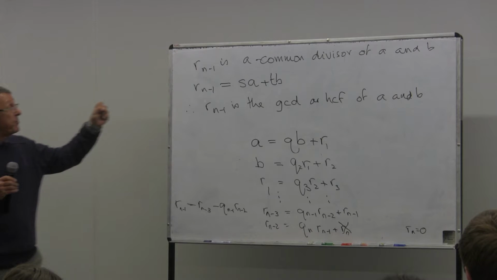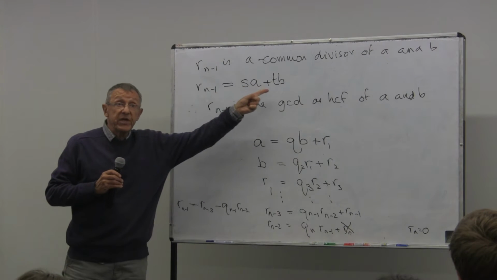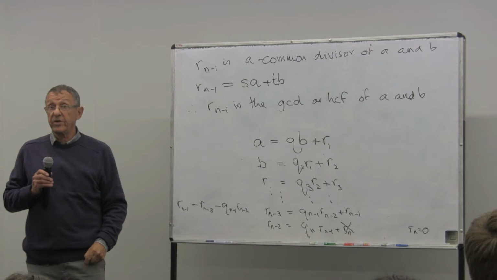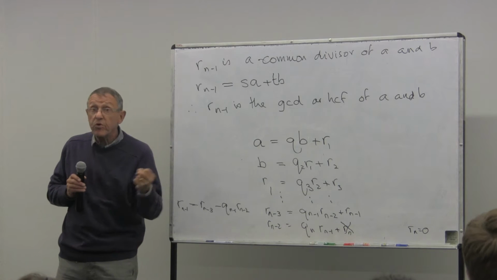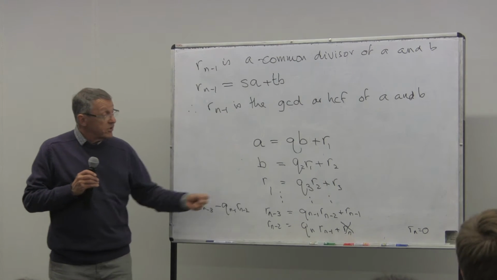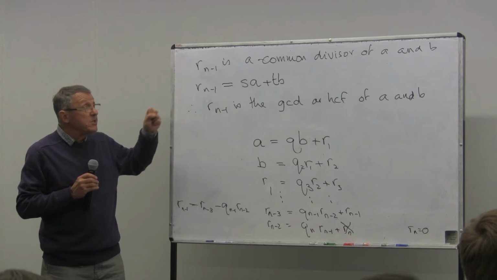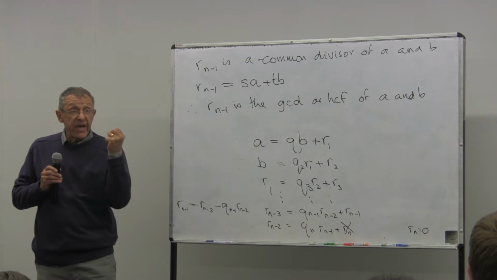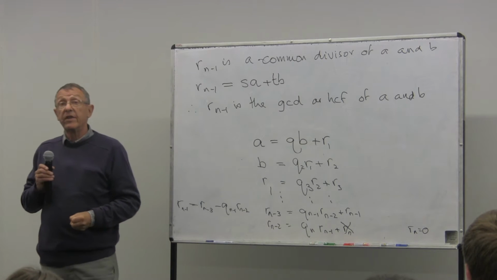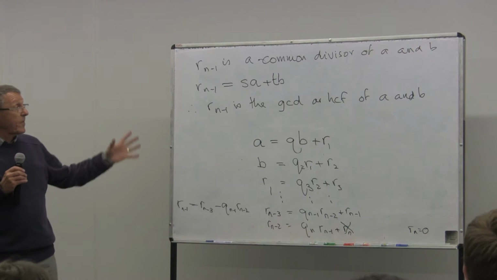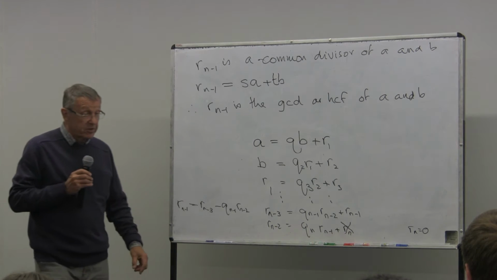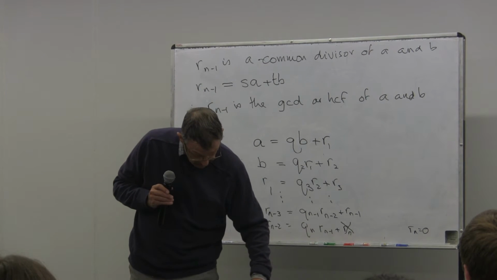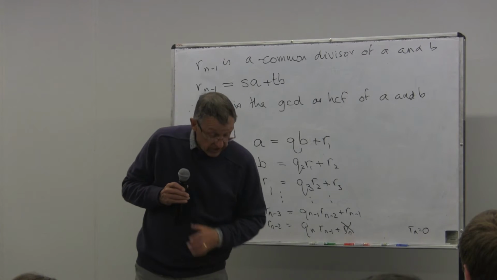Because it is this property that the greatest common divisor can be expressed as a linear combination that leads to the fact that you've got unique factorization. You can use that to prove unique factorization. So this Euclidean algorithm finds you the greatest common divisor and also is the basis of the proof that unique factorization is possible. That's a very important idea to get around.